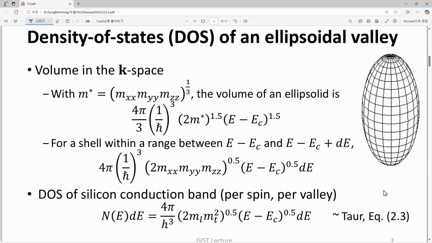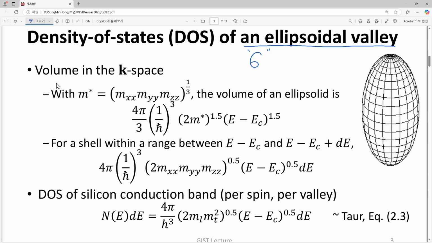Okay, now we have the general expression for density of states. However, in the case of a silicon conduction band, it can be well approximated as a collection of ellipsoidal valleys. Actually, there are 6 copies of these ellipsoidal valleys, and for each valley, we can calculate the contribution to the density of states.